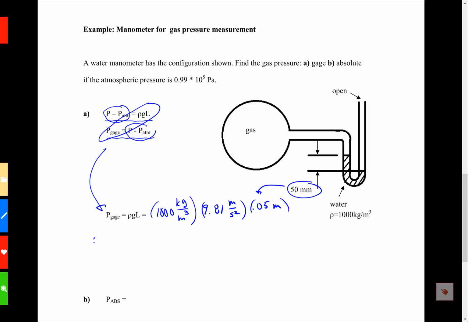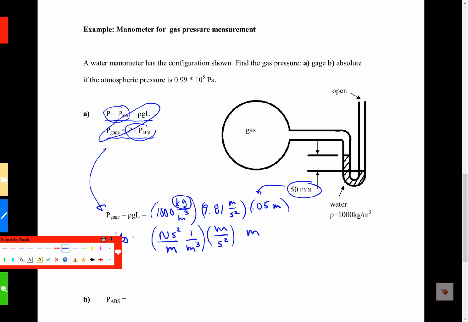And let's look at the units before I crunch numbers. I want to convert this kilogram to be a Newton second squared per meter from Newton's second law, and then I've got 1 over meters cubed. So that takes care of the first bit, and then the next one is meters per second squared, and finally I have meters.